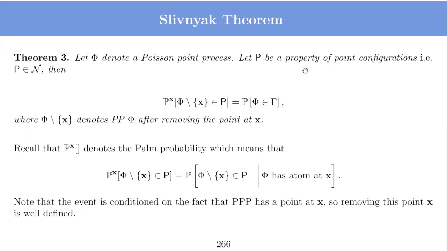And this helps us at many places wherever you have to condition on the location of a point. You can just remove that point, and look at the property of the rest of the points, and that will still have the Poisson property with the same density. So you can actually do calculations using whatever we have learned until now.